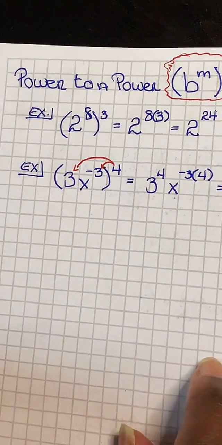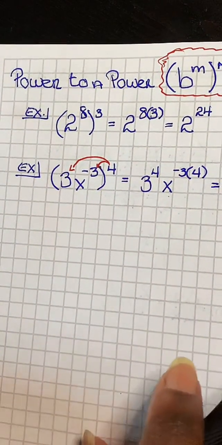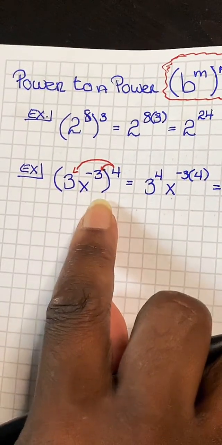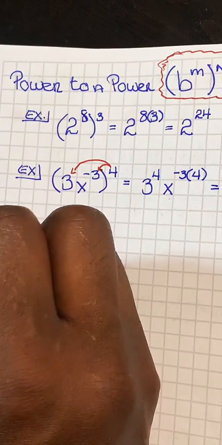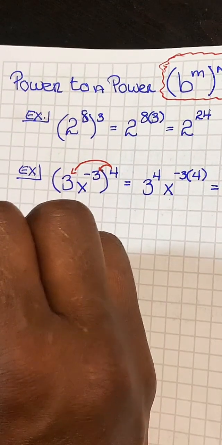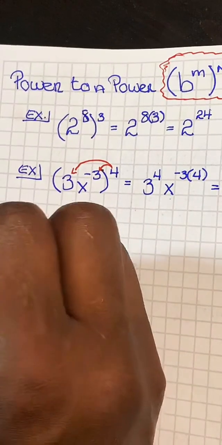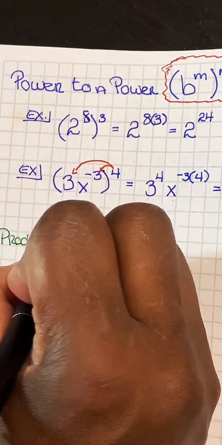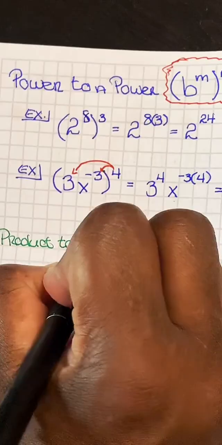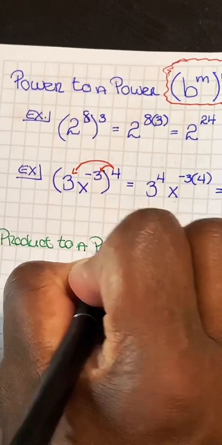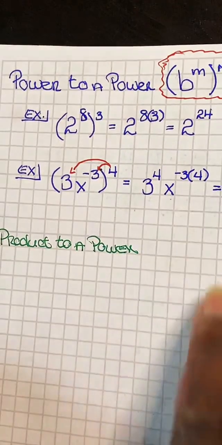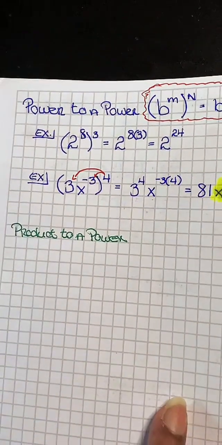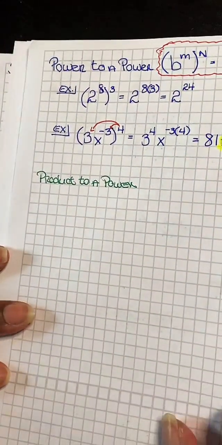Okay. All right. So, next part is kind of similar to what we did with the last one. Okay. But this is called the product to a power. Okay, it's very similar to what we did with this last one. Let me unzoom quite a bit. Okay.